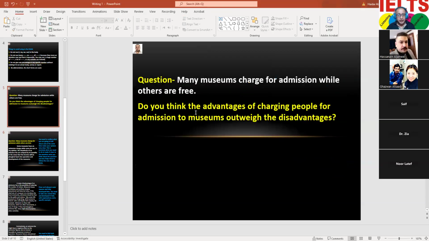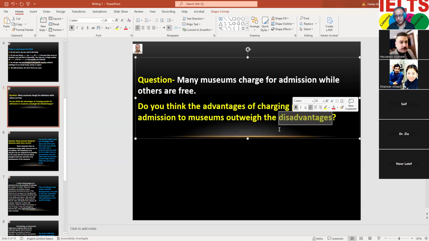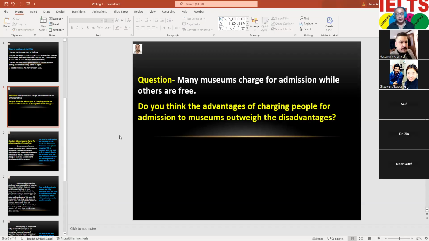The question asks about advantages and disadvantages. Our answer here was with the advantages. So, the body will be divided into two paragraphs. One goes with the advantages, the other goes with the disadvantages. That is a must.